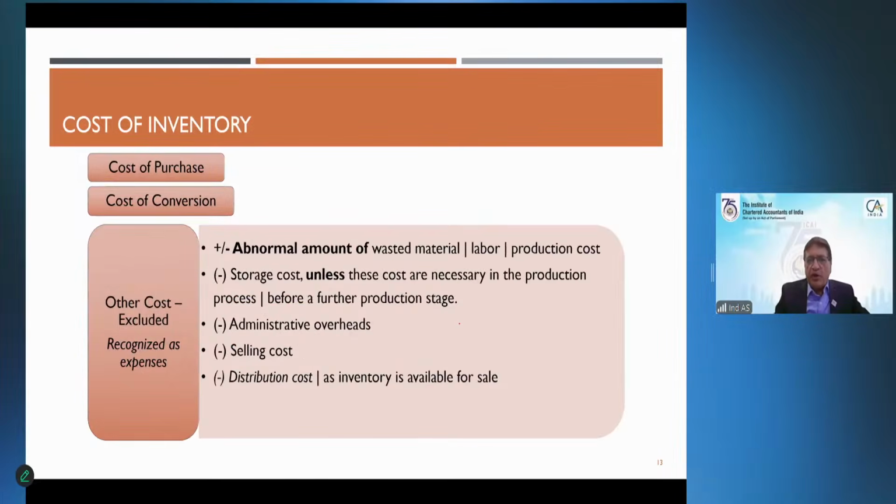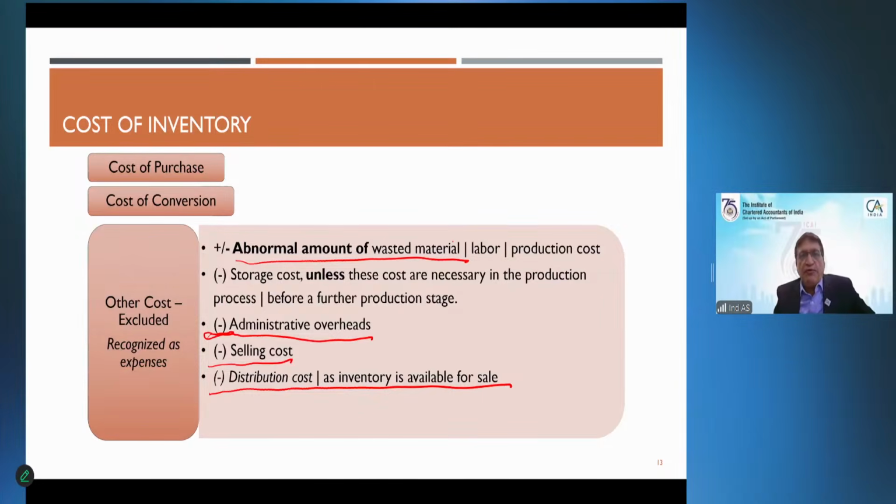The other important thing is the administrative overhead. It is not to be added. Selling cost is not to be added. Distribution cost is not to be added. Abnormal amount of wasted labor is not to be added. We cannot account for the wasted labor. It is a loss, so we have to take it into account as such.